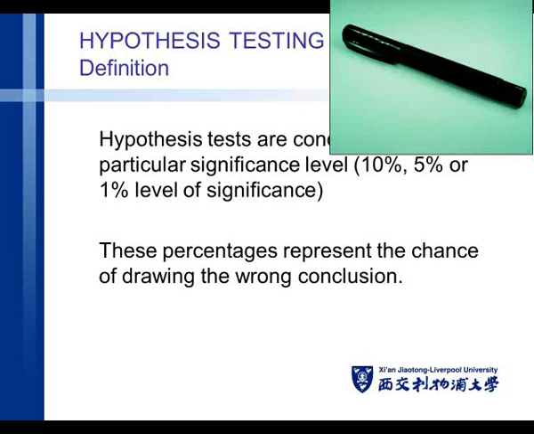So unlikely that if it comes from this population that I think of, so unlikely that I'll get this sample average, that I have to say that it is probably that my assumptions about the population are incorrect.